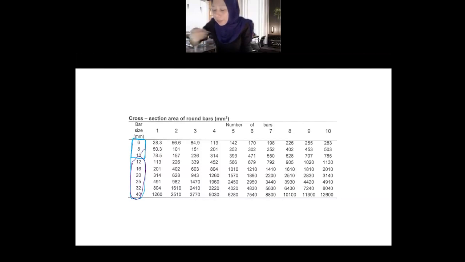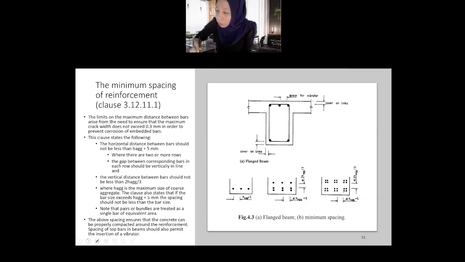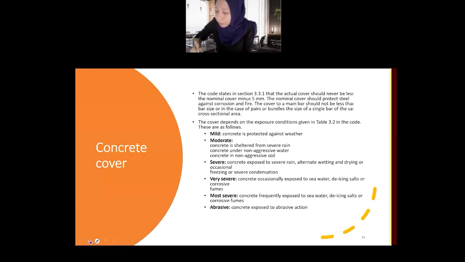Okay. Alright. We just assume our shear reinforcement or our link is 10 mm. Okay.